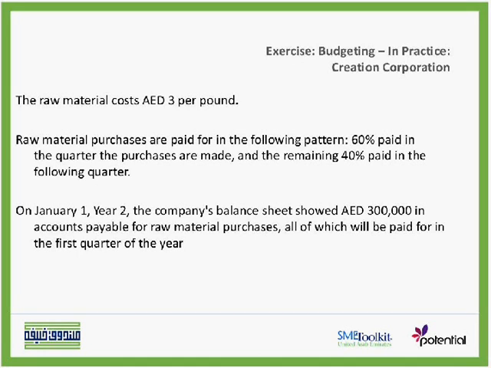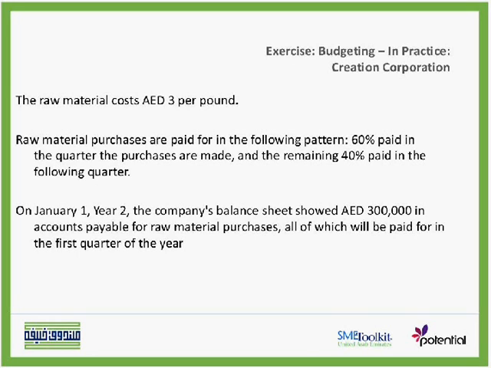So the raw material purchases are paid for at 60% in the quarter during the purchase, and the remaining 40% are paid in the following quarter. So here, in the raw material cost that is included in the production cost, I have an expected cash disbursement, where it is 60% of the current production plus 40% to be paid next quarter.